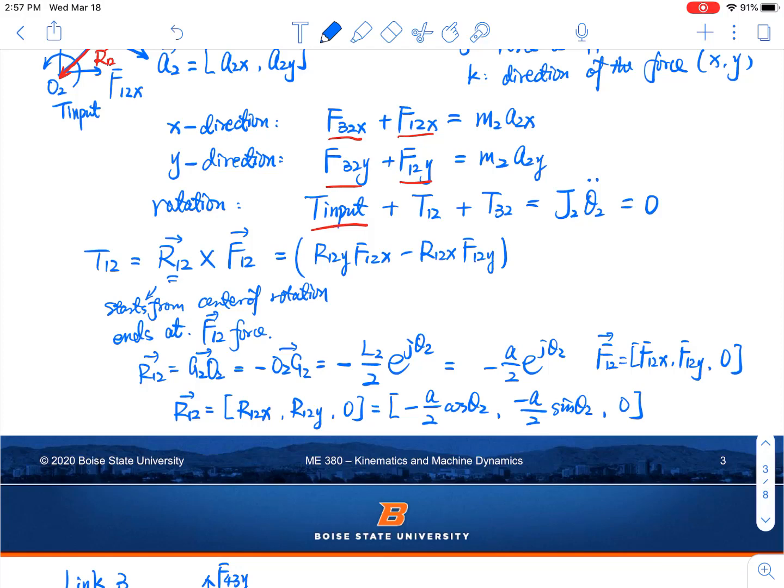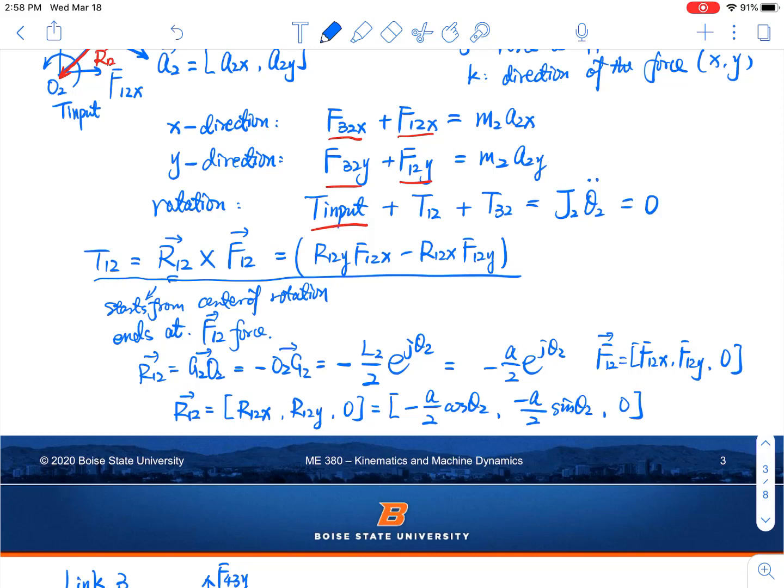You can ignore the K component because we know that all these three torques are going to be along the same direction. So you can ignore the direction vector K. So that's our T12. So we got these from the cross product definition. If you forget how we got there, you can go back to lecture number 14. Okay, so we have T12.